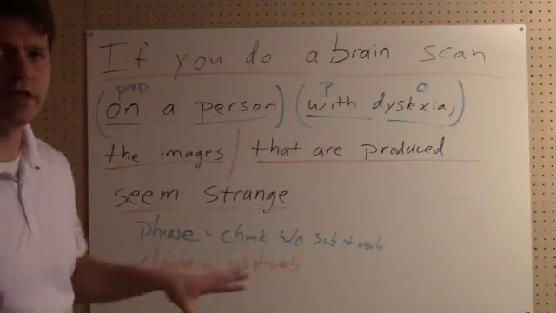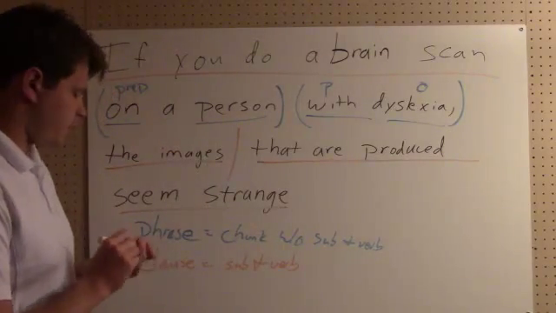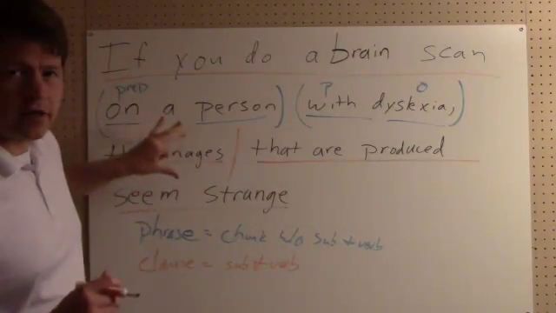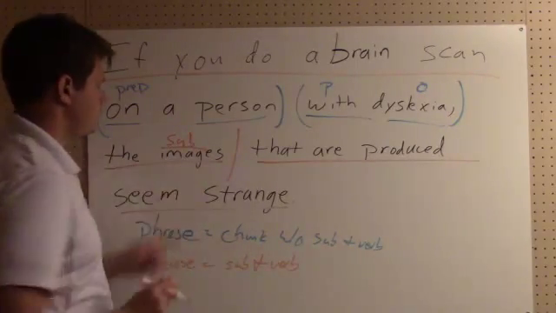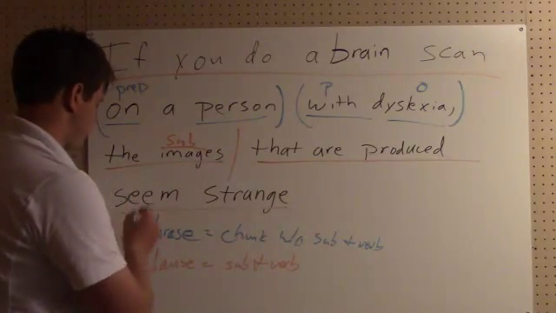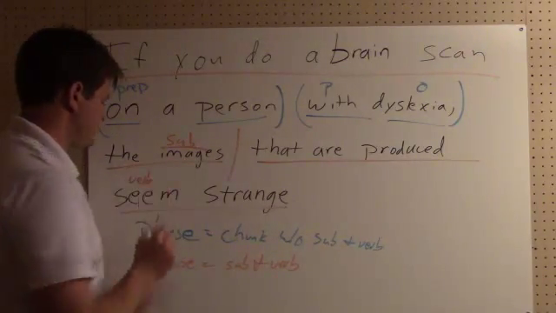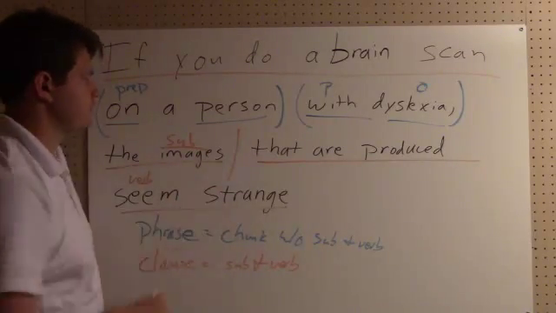All this other stuff is giving us more information, more background on what's going on. This is what we call an independent clause or a main clause. So the subject of the main clause is images, and the verb of the main clause is seem. Okay? This is our independent or main clause.